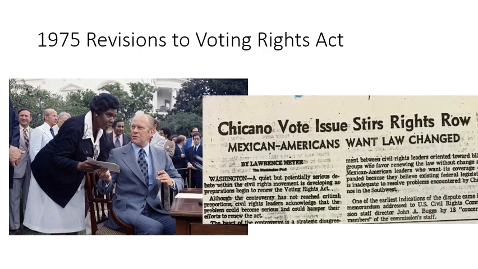And then in 1975, you have more revisions to the law. Here, they added provisions to address voting discrimination against language minority groups. And this was defined as people who were American Indian, Asian American, Alaska Natives, or of Spanish heritage.